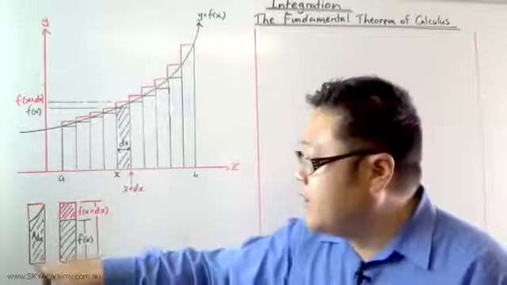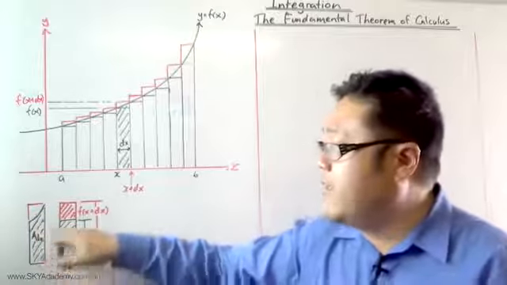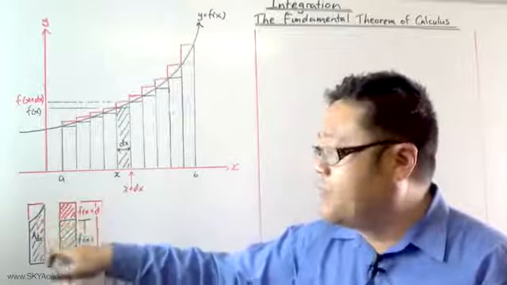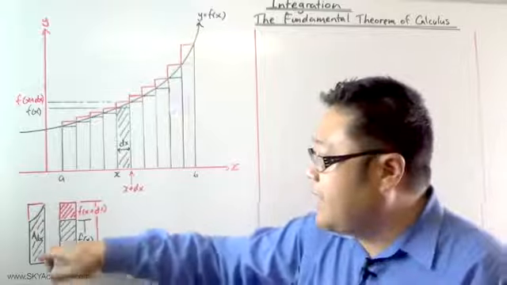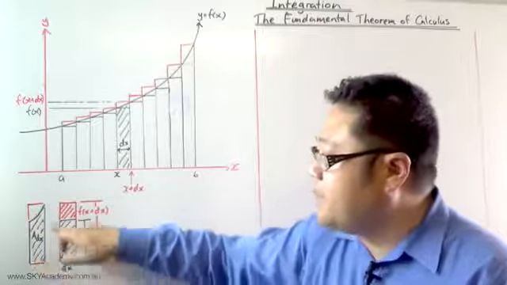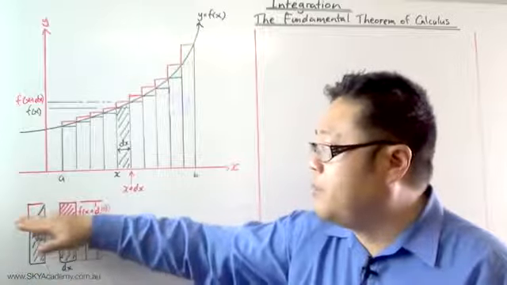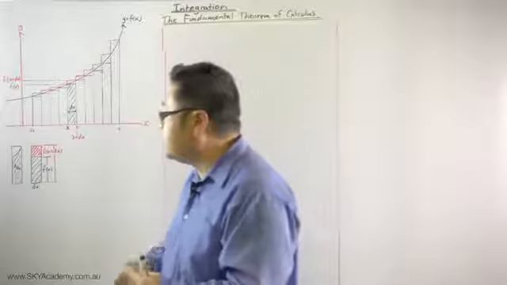That's why I've called it A of dx, because it is the area, A for area, of a strip of width dx, which is an increment of x. Can you see that the area looks like a rectangle up until a point, and then the curve prevents it from being a rectangle?